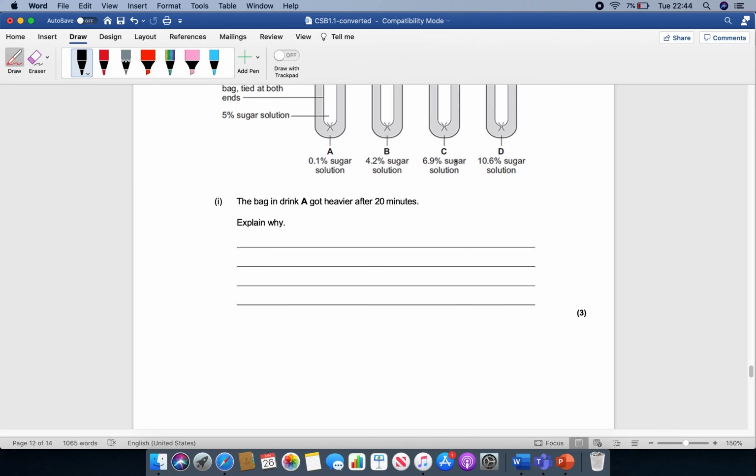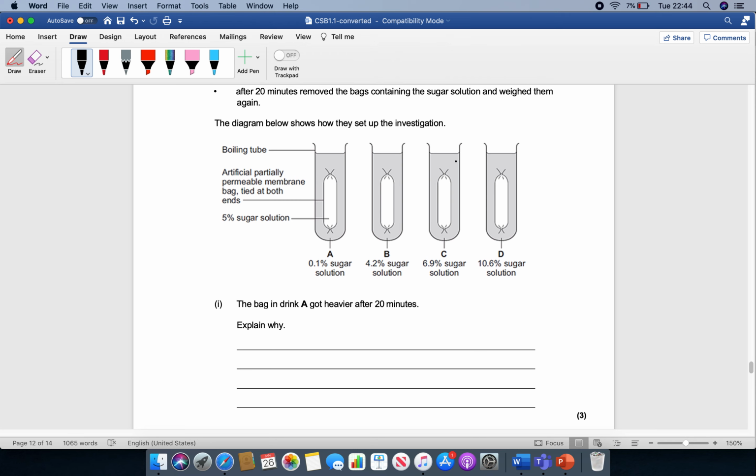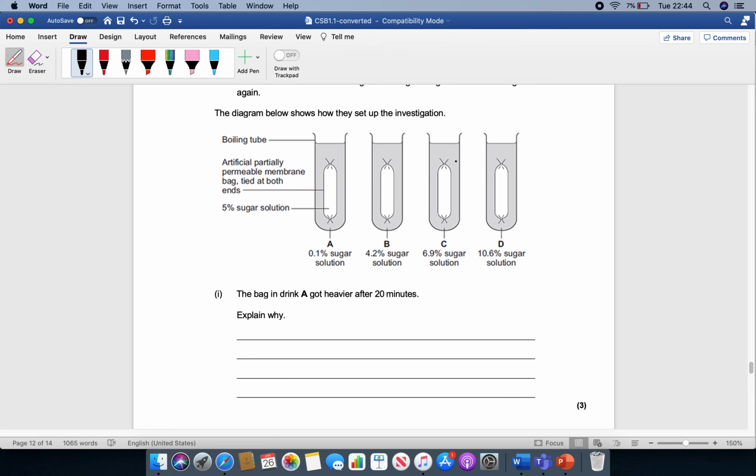So the bag in drink A got heavier after 20 minutes, and we have to give an explanation why. So over here, bag A got heavier after 20 minutes. So I'm not gonna write this out, I'm gonna tell you it. So the concentration of the sugar in the bag was higher, so there was 5% sugar solution here, and the concentration is higher.